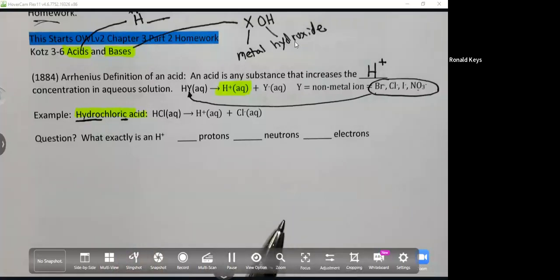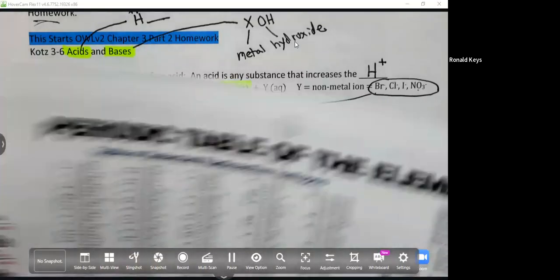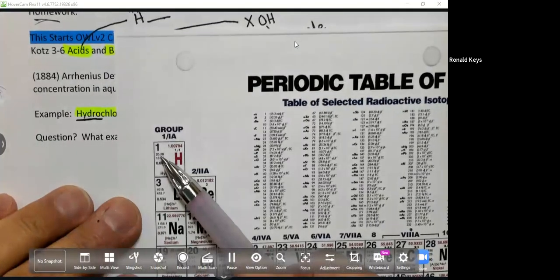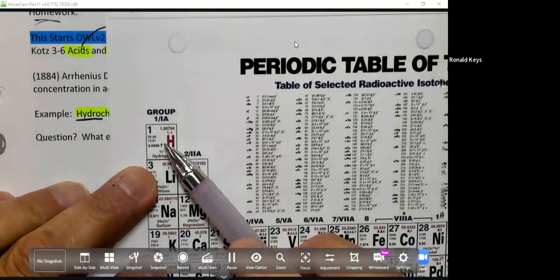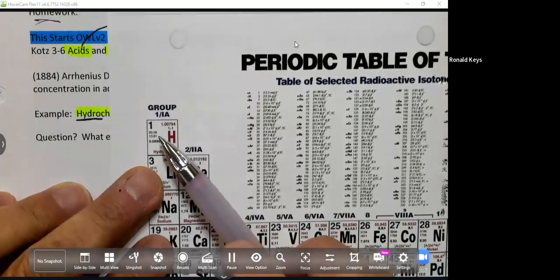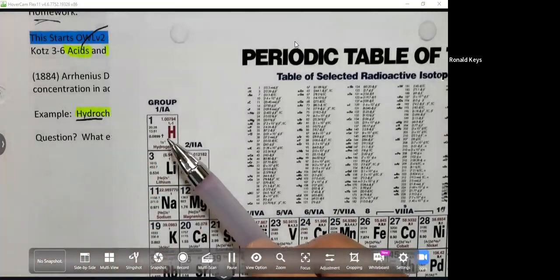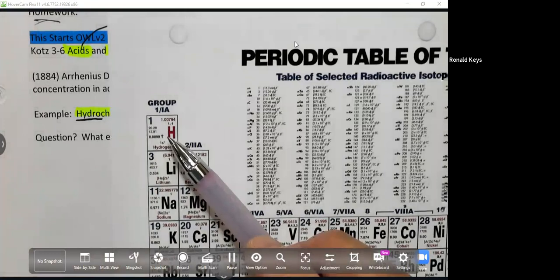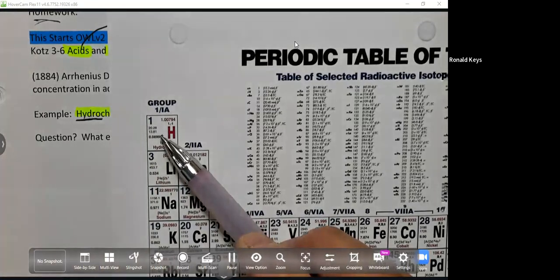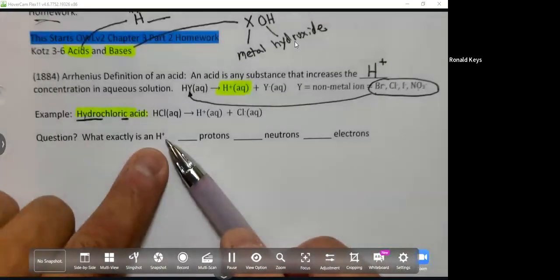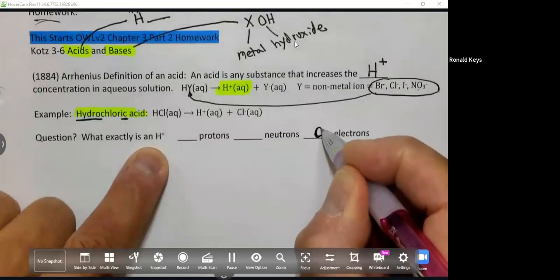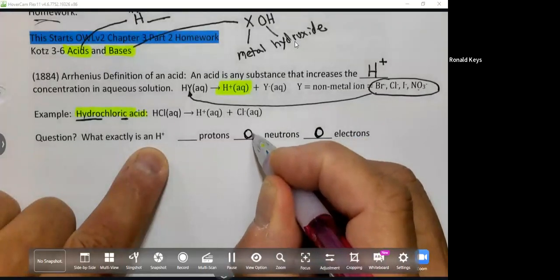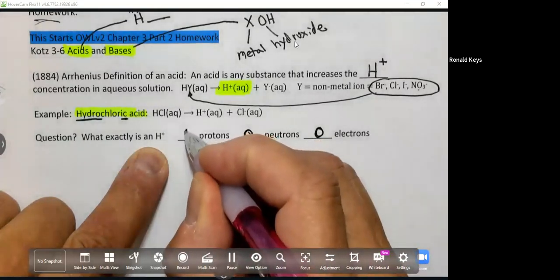If we have hydrogen 1, what does it consist of? 1 proton and 1 electron, if it's a neutral hydrogen. No neutrons. 1 proton, 1 electron. If it has a +1 charge, what happened? 0 electrons, right? 0 neutrons, 1 proton.